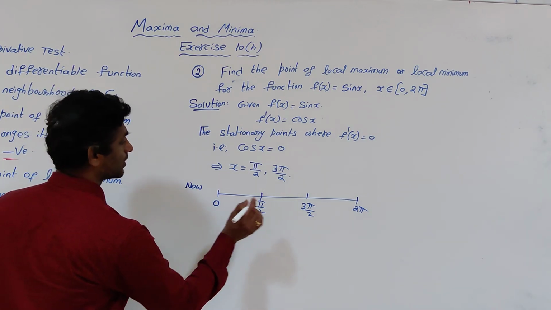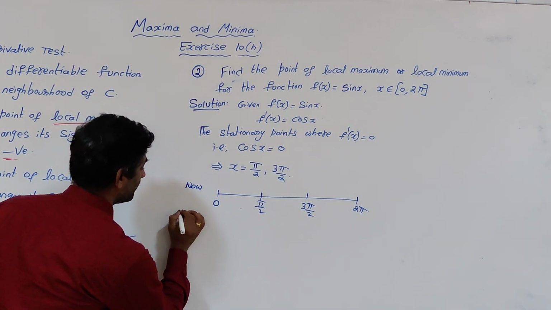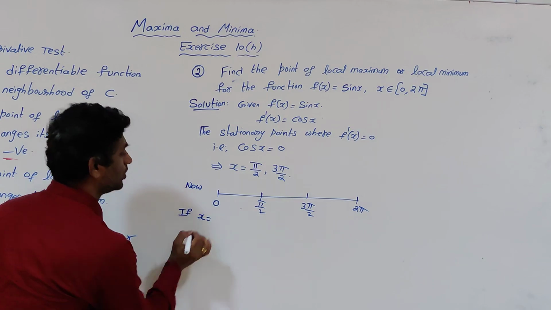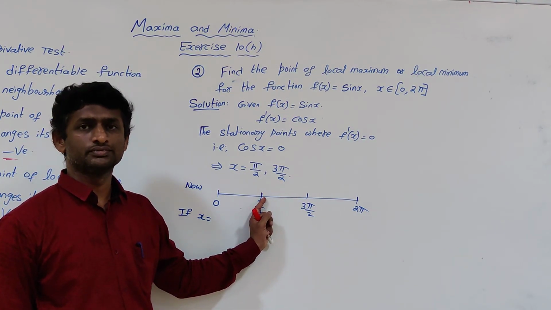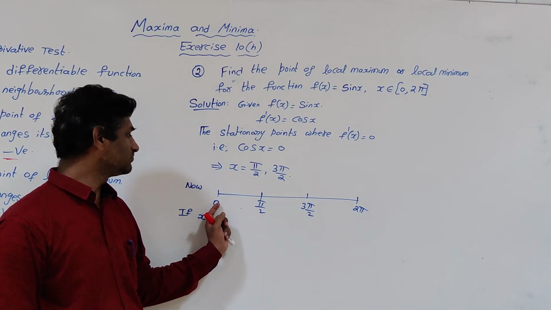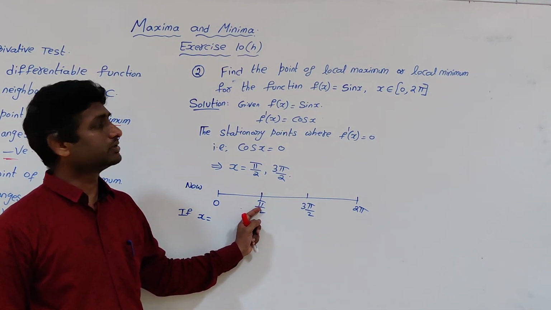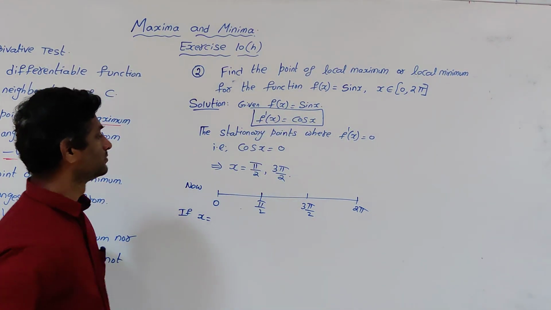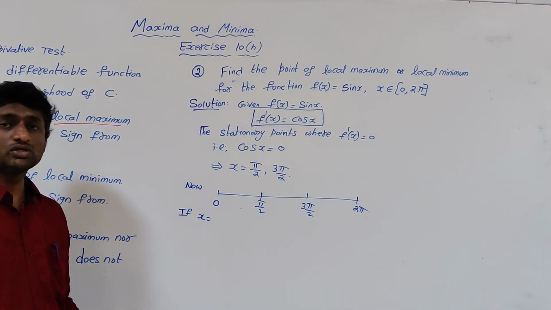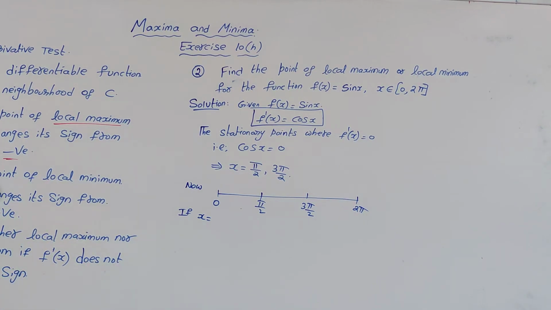So choose a point in between 0 to pi by 2, an angle from 0 to 90, and substitute in f dash of x, because we have to conclude what type of sign is changing in the f dash of x function.